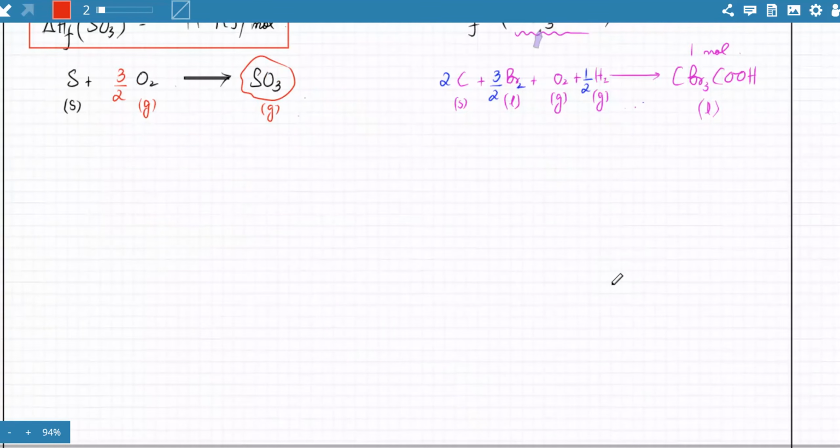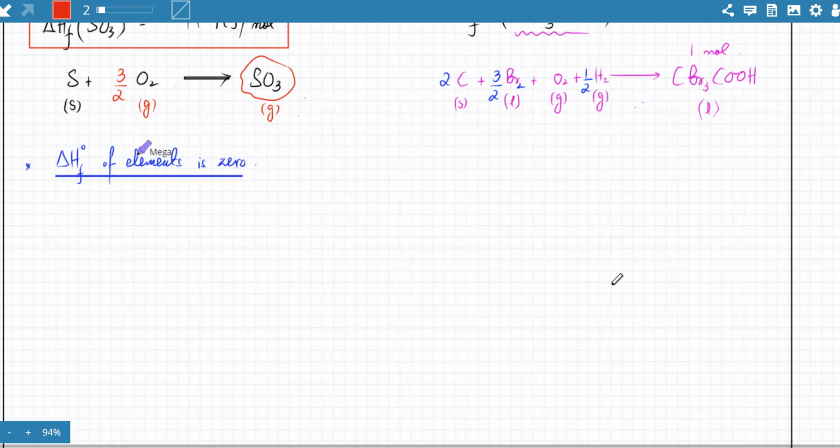I'm also going to add a point over here, that the enthalpy change of formation of elements is zero. Why is that zero? Because you don't have to form elements.